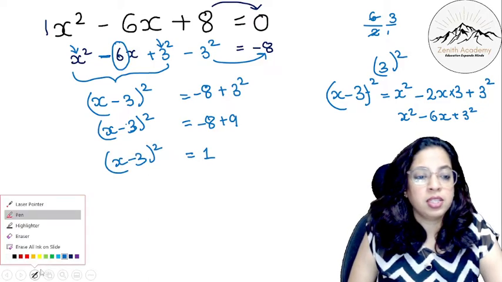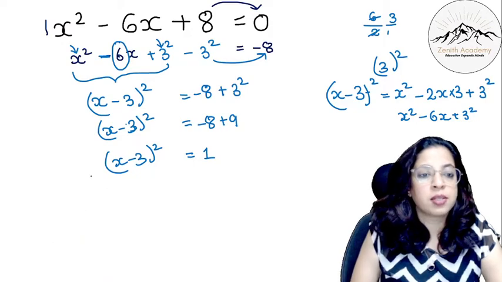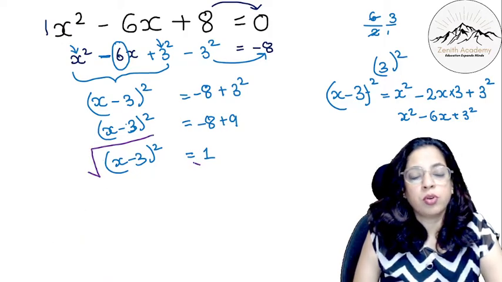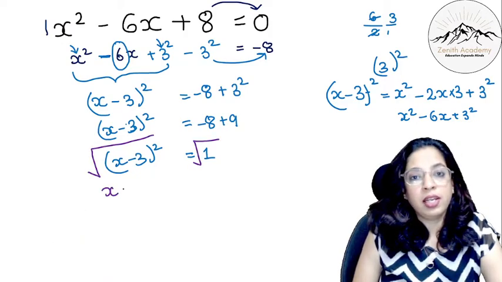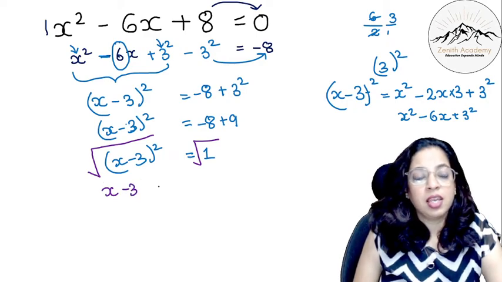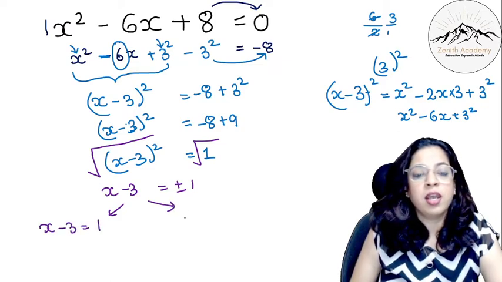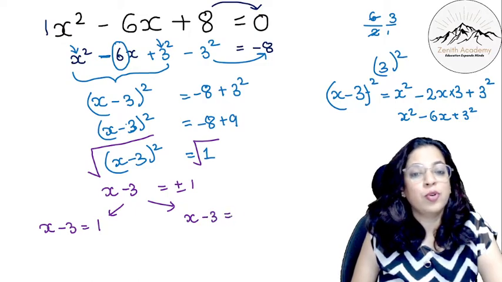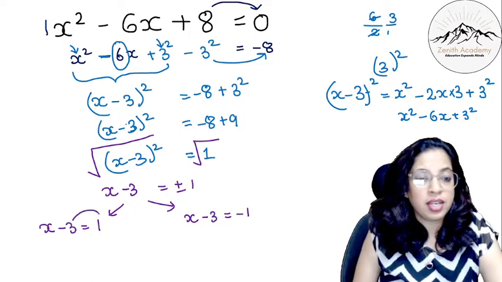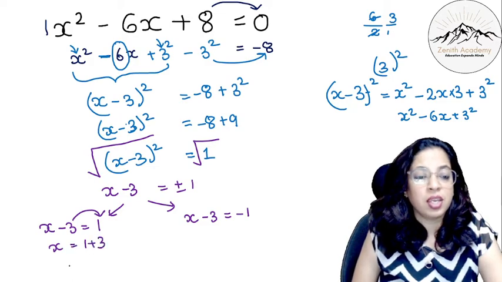Now if we take the square root on both the sides, you will get x minus 3 is equal to plus minus 1, correct? So we will get x minus 3 is equal to positive 1 and x minus 3 is equal to negative 1. So if I take negative 3 on the other side, x will be 1 plus 3. So x is equal to 4.